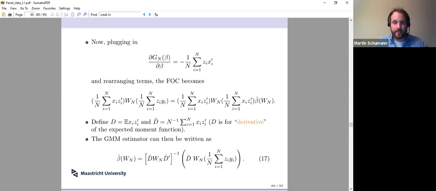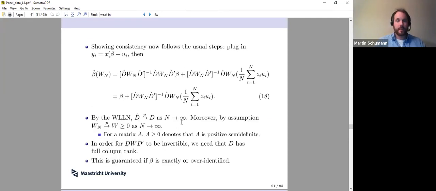So no big deal here, weak law of large numbers. Moreover, we have assumed that Wn is a stochastic matrix, but this also converges in probability to some positive semi-definite matrix. Yeah, so this is kind of what that means. It means that this is semi-definite.